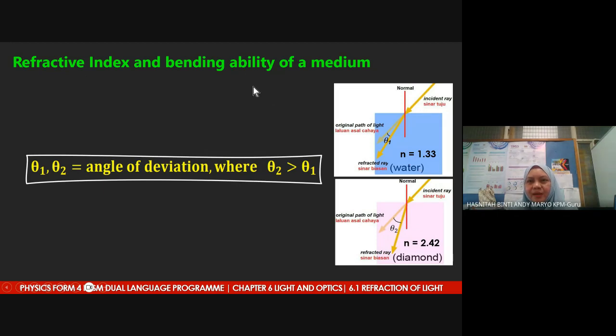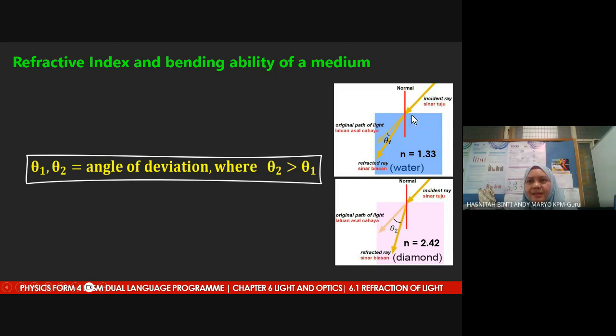In this diagram, you can see on top, we have a light ray traveling from the air and then entering water. Down here, we have the same light ray traveling in the air, but now entering diamond. It is stated there, water has a refractive index of 1.33, and diamond has a higher refractive index of 2.42.